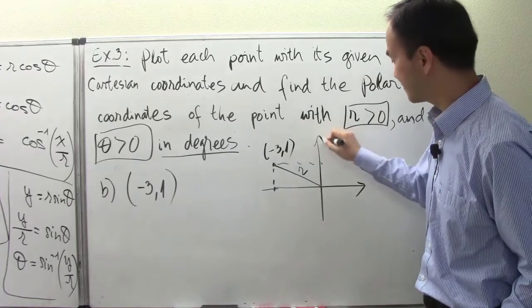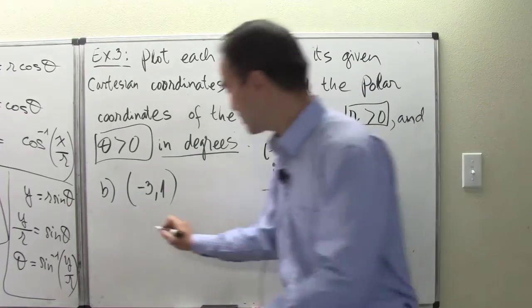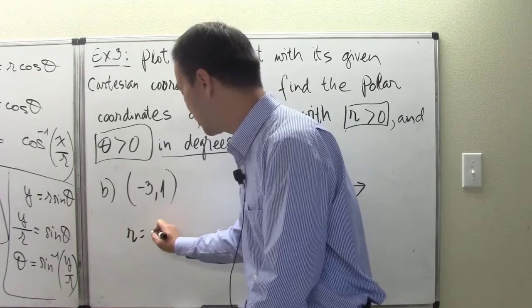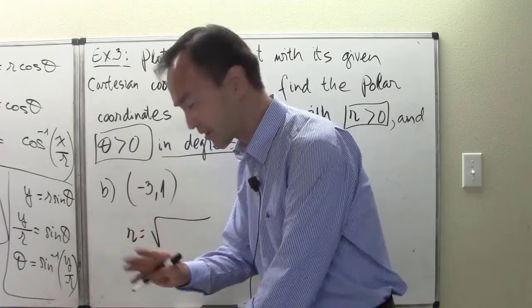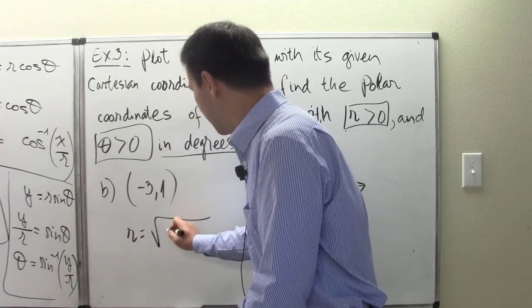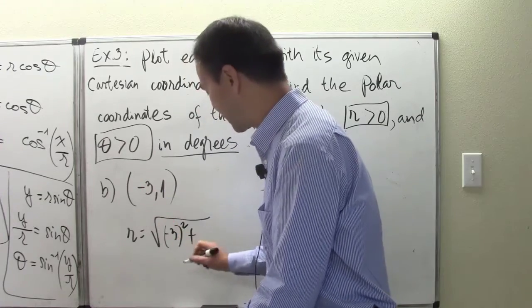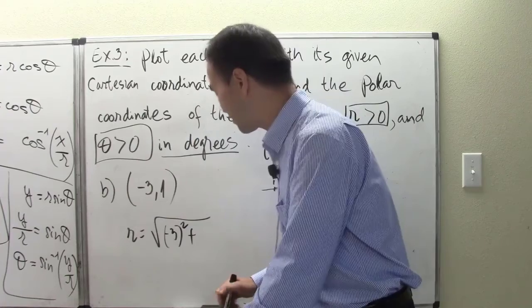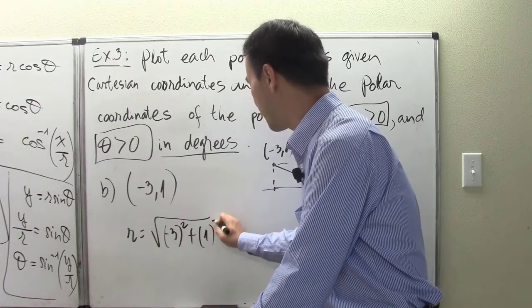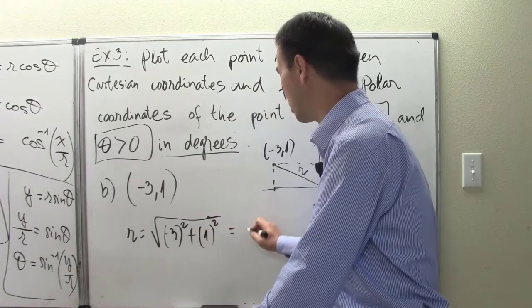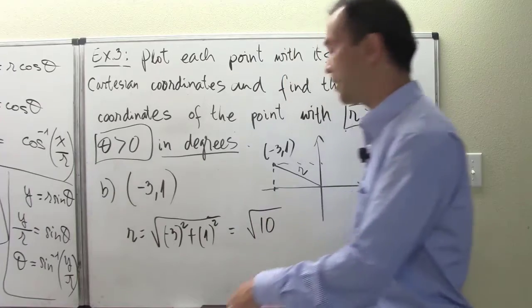Easy. So now radius, another easy one, and we use this formula to obtain the positive radius. So r equals the square root of (-3) squared plus 1 squared. You have seen the formula in the earlier part, so allow me to get straight into using it. That gives me the square root of 10 again.